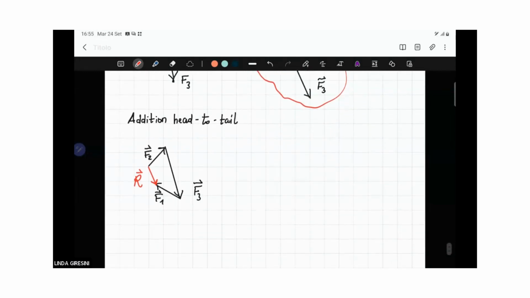So this is the addition head to tail. Recalling the previous expression, you can say that R is equal to F1 plus F2 plus F3.